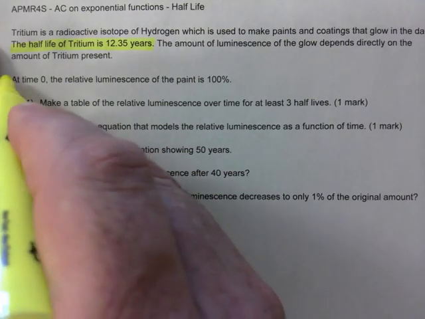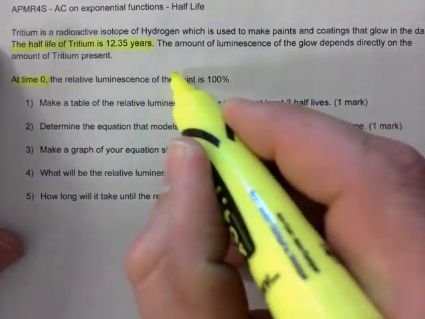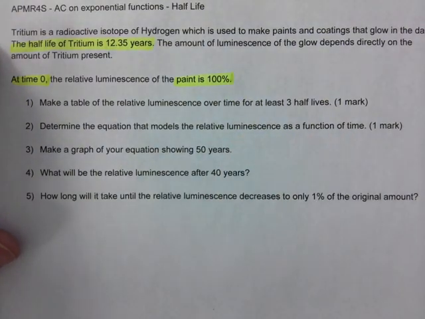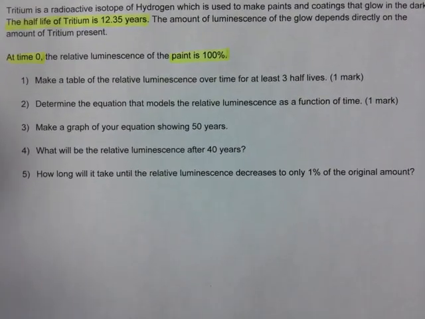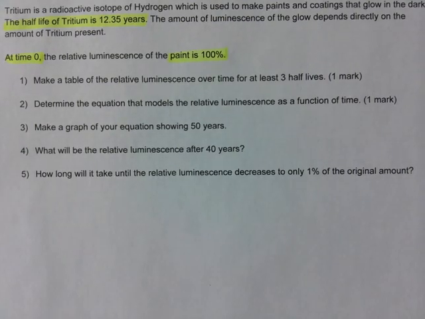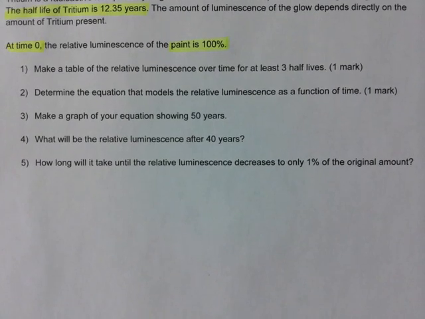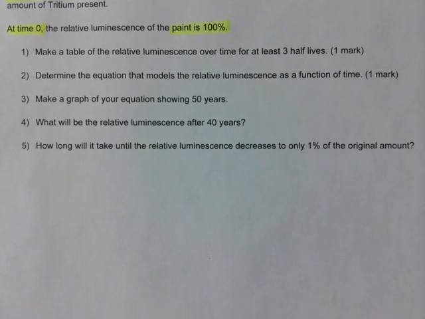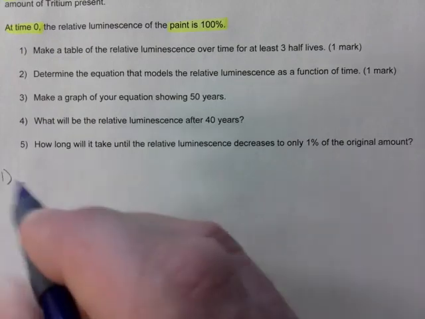Okay. So we know that at time 0, at the very beginning, there's 100% of it in the paint. Make a table of the relative luminescence, the amount of light it glows, over time for at least 3 half-lives. Okay, so we're going to do that.